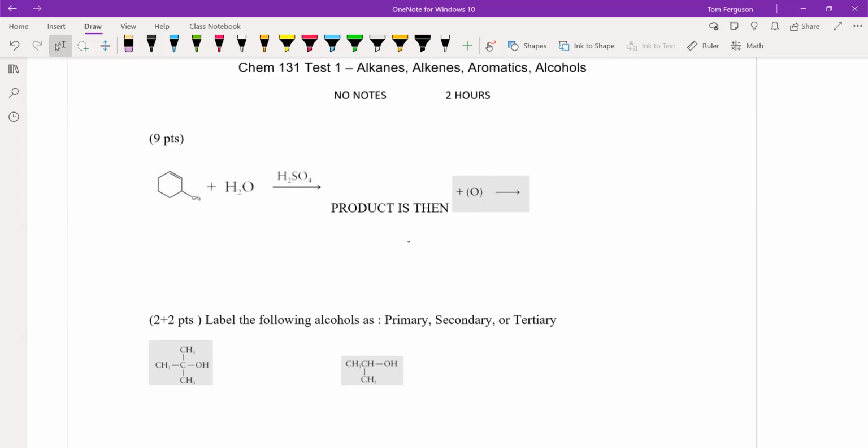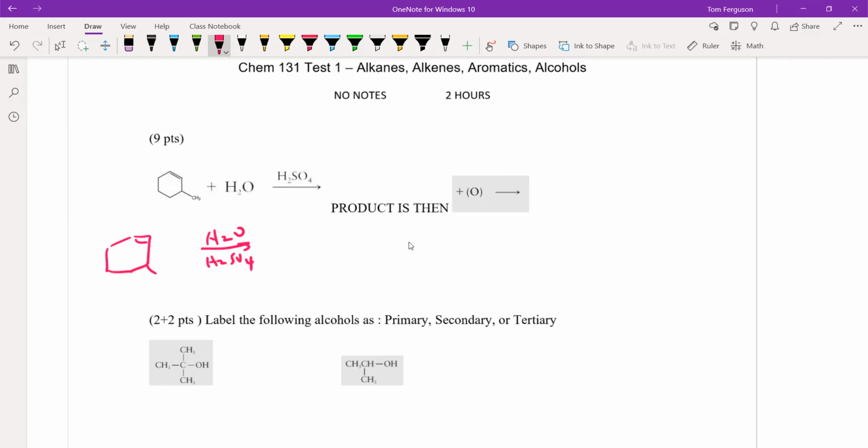Okay, this is a 2-step process. First, we put the water across the double bond. Then we oxidize that product. So the first thing we need to do is figure out, so we're going to have that plus water, acid.